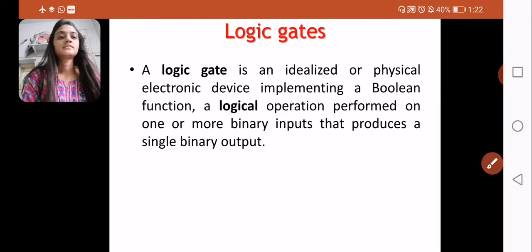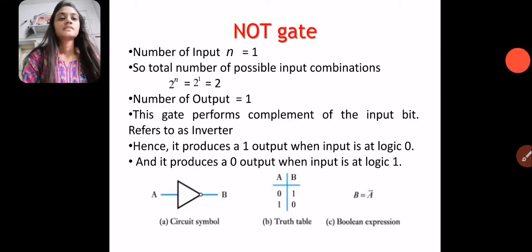Let us start with the first logic gate, that is NOT gate. Here you have to mention a few things like input bits, input combinations, output and its operation. If you remember these 4 points, you will be able to write a short note on any logic gate.